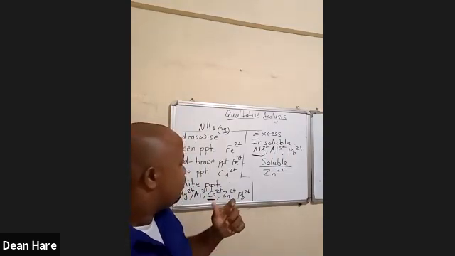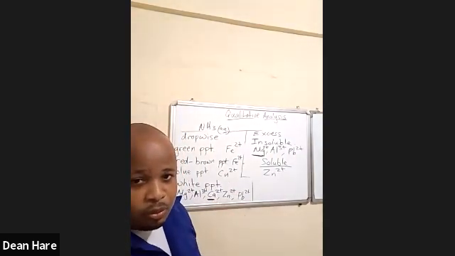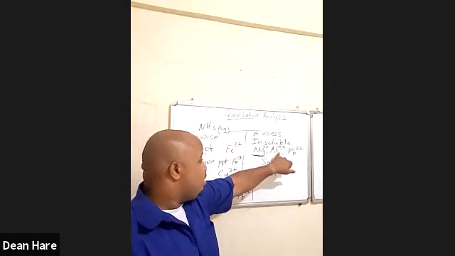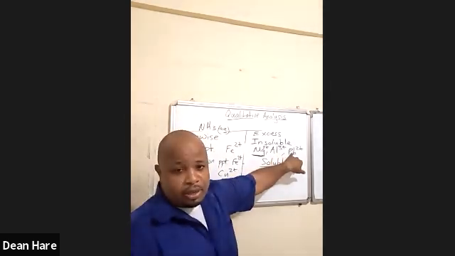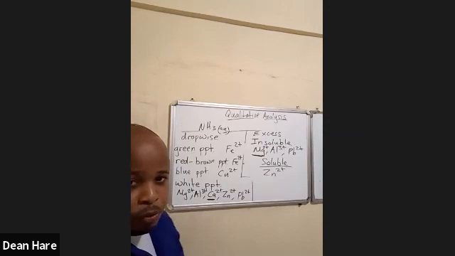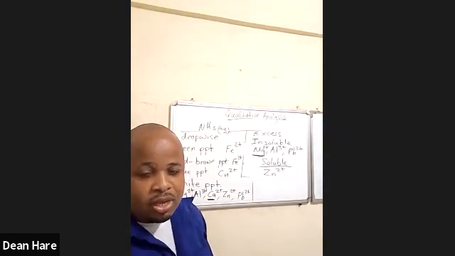What is going to happen next is to confirm whether you have aluminum or lead. And to confirm that, we're going to use a solution containing iodide ions.